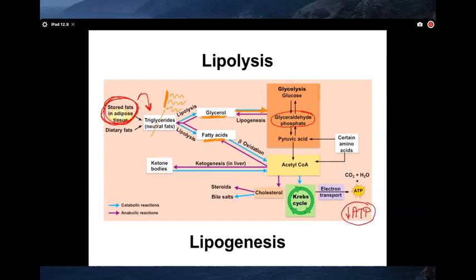So remember, what was the glycolysis? The glycolysis was the transformation of the glucose into pyruvate. And remember, this is not a single reaction. Those are many reactions that will be taking place in order for this to happen. So one of the intermediates of the glycolysis is called the glyceraldehyde phosphate.